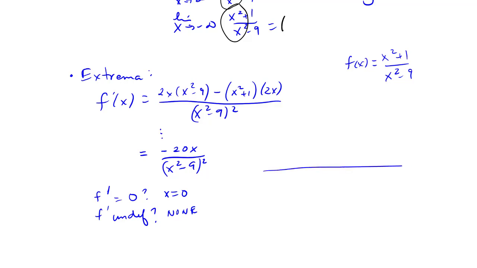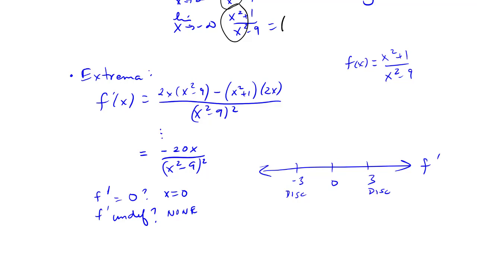All right, so if we go to our chart here, we're going to put the -3 and 3 discontinuities in. I like to label them so we remember why they're there. And we do have the 0. If I start plugging in numbers, it's really going to all depend on the -20x on top, so you're just going to get the opposite of the sign of x.